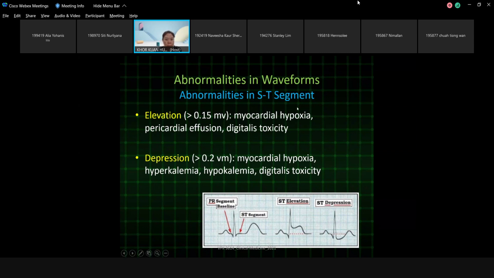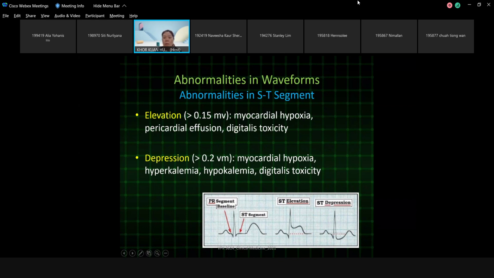Let's talk about the ST segment. Just now I showed you some ST depression and slurring. Elevation means you have your P, Q, R, S so high, then you have your T and it comes down. That's the ST segment, so this one is elevation. If it is elevated, it doesn't tell you much.